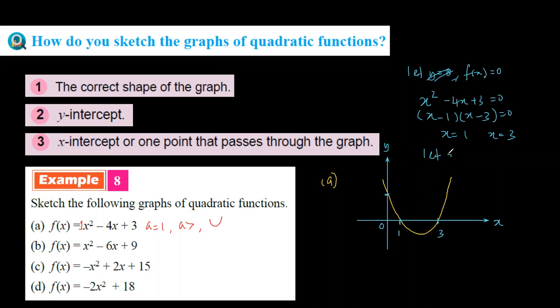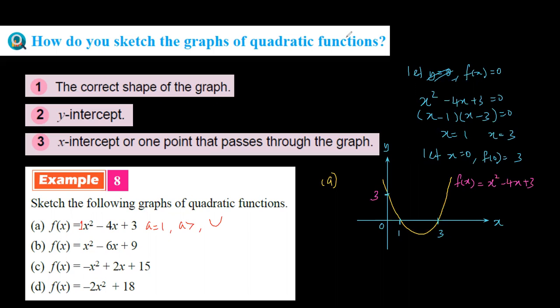Let x equal to 0. If x is 0, then f(0) is 3. So the y-intercept is 3. Then that's all. Don't forget to write down the labeling: f(x) = x squared minus 4x plus 3. Done. We have finished the first question, A.